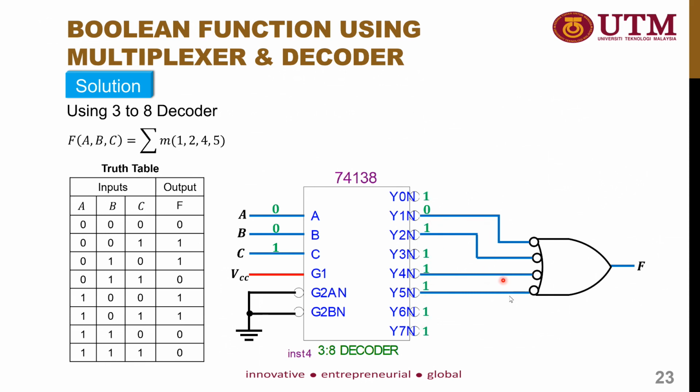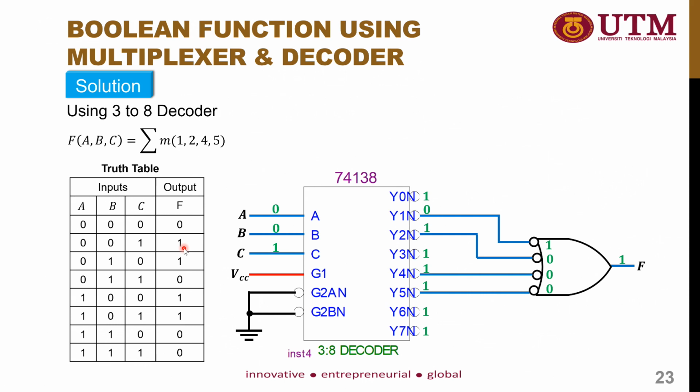So as it travels through the bubble, it will become 1, and the other pins will become 0 because they are initially 1. And after we execute the OR operation, the output will become 1. So it fulfills the condition of when A is equal to 0, B is equal to 0, C is equal to 1, the output will become 1.